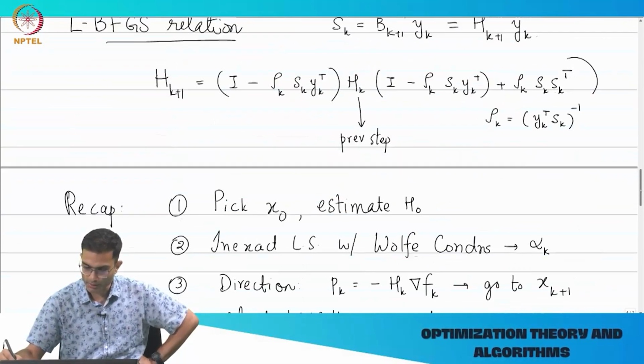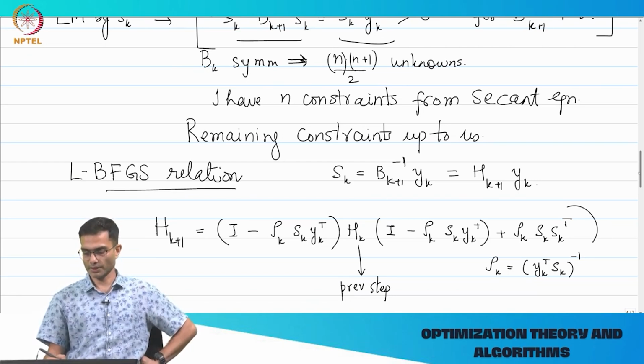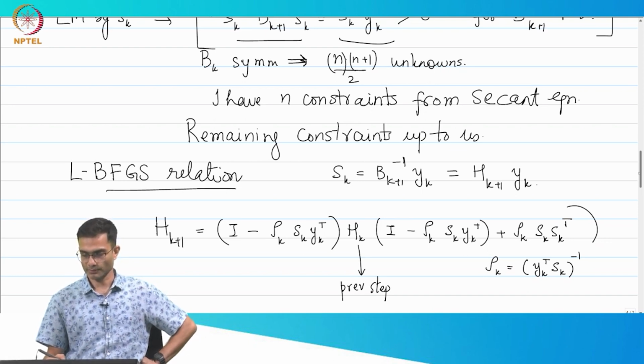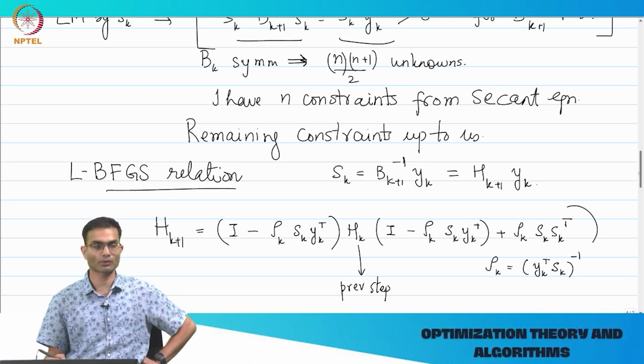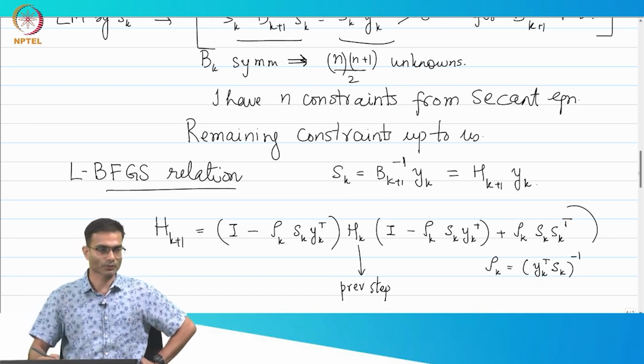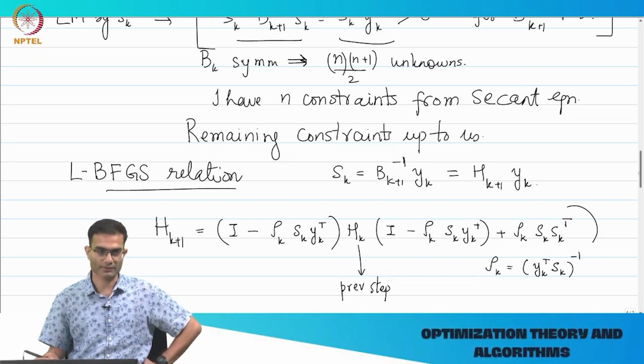It's not clear to me looking at this BFGS relation whether or not that would be the case. Maybe it will be. If I start with a positive definite Hk, will Hk+1 also be positive definite? I don't want to make a casual comment. Let's look at this a little bit more carefully.